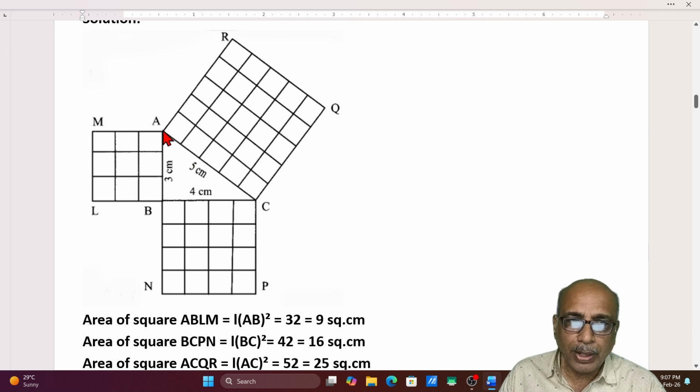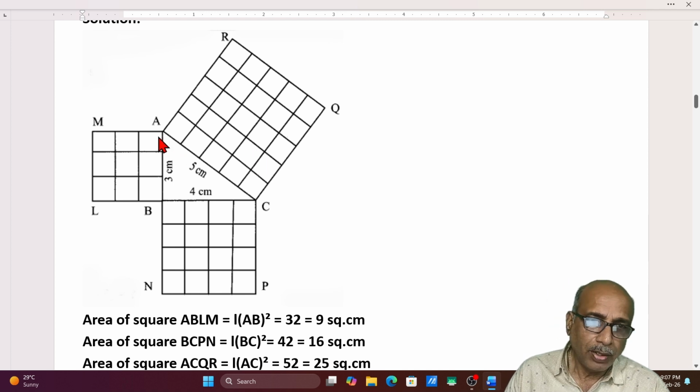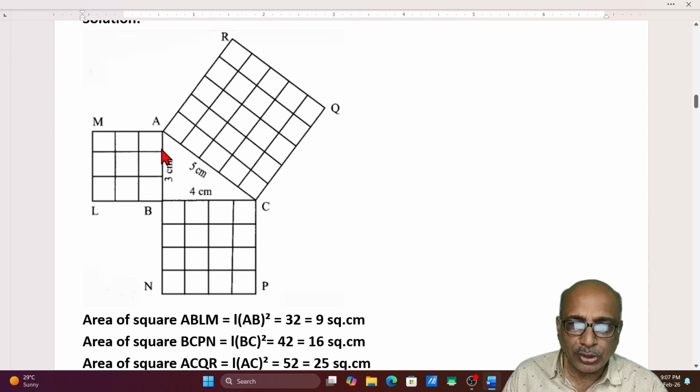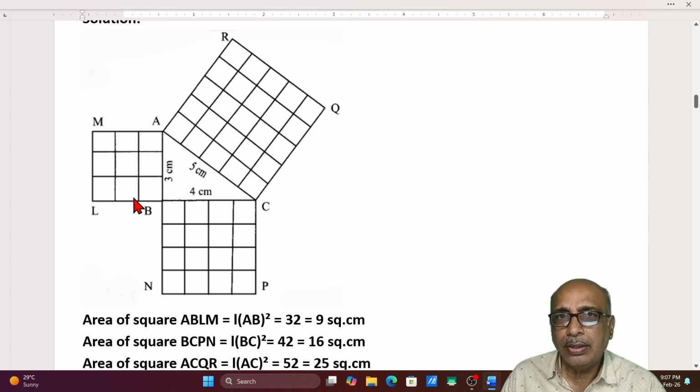Now on the 5 centimeter side, you make equal parts of 1 centimeter each. Like these boxes, you make a square of 5 centimeter by 5 centimeter on this side, and each box will have an area of 1 square centimeter. Like this, 3 centimeter is there, so 3 parts, so 3 by 3, you have to make this type of figure.